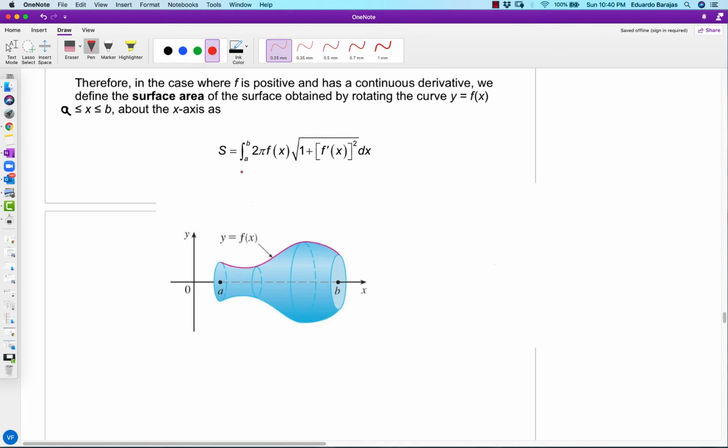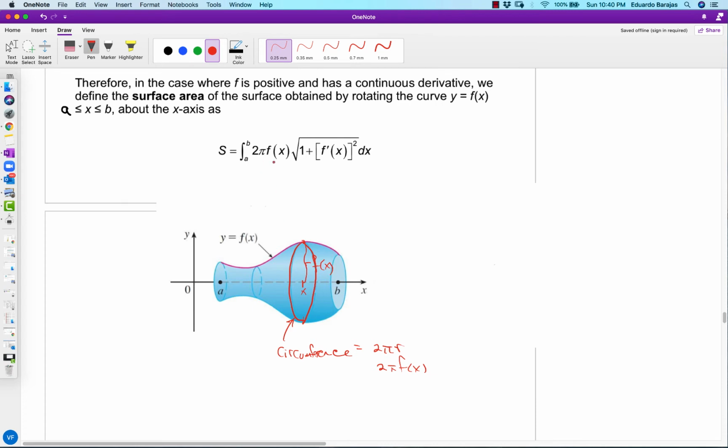If we think of some random circle in the center of this, say something like this, the circumference of that circle is equal to 2 pi r, where r in this case would be this. So 2 pi f of x for some x value there.